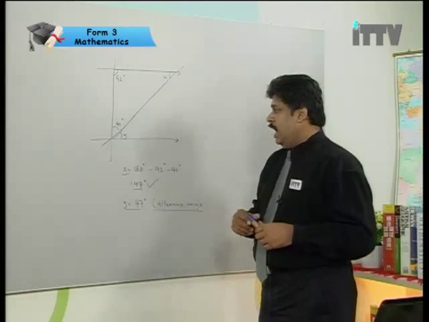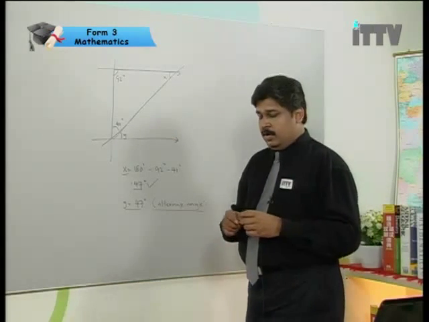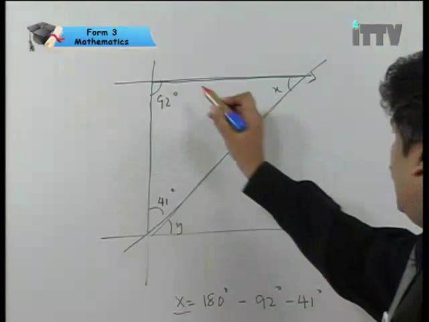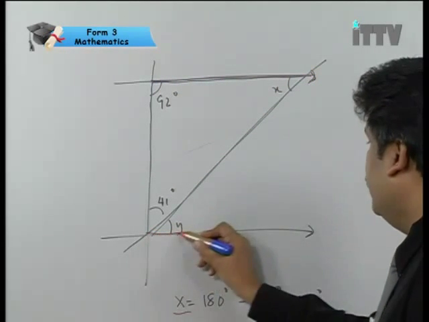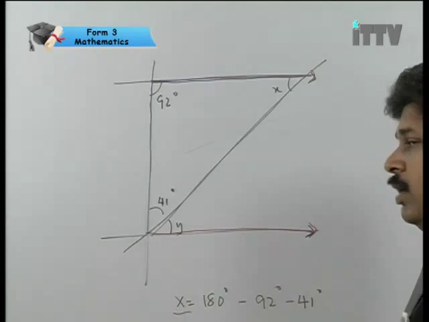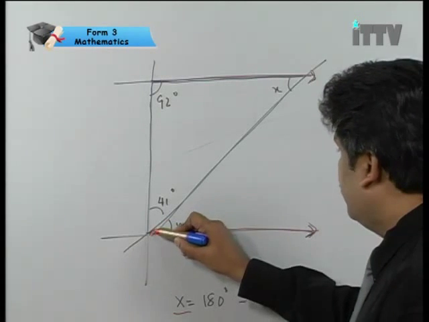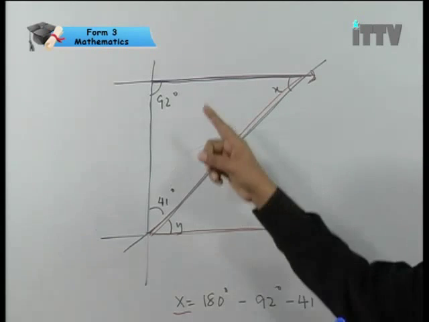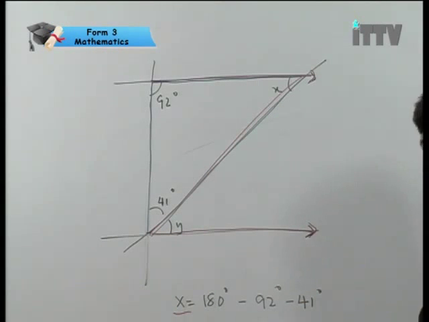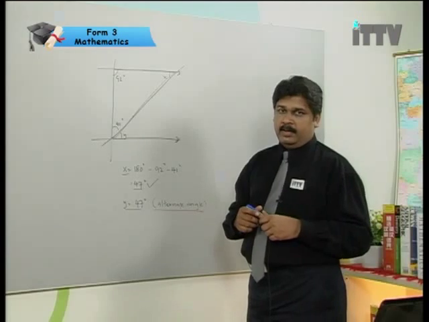Next, how do I solve for y? On closer examination, I note that there are two parallel lines this way, and I can draw a transversal this way. So if you note, the red ink depicts the letter Z. Once it has depicted the letter Z, it means an alternate angle.